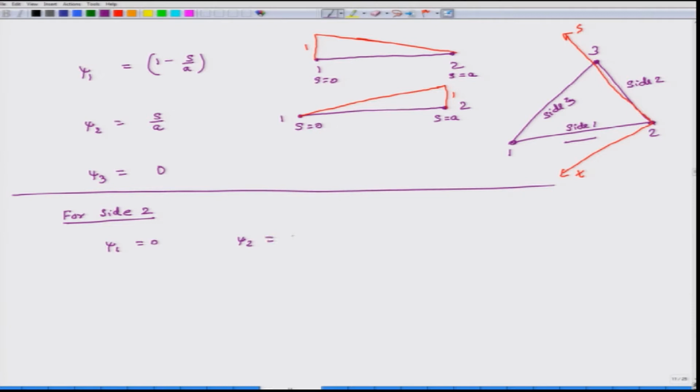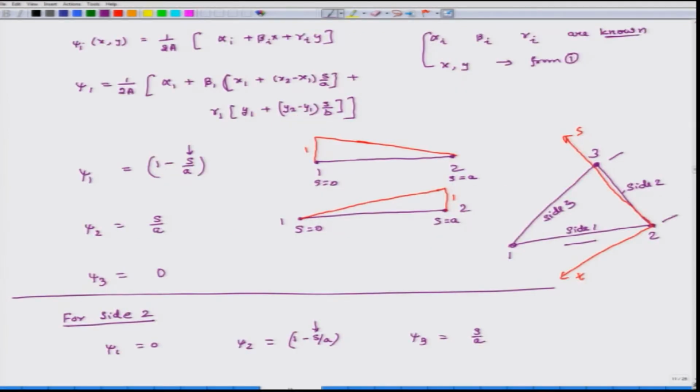Psi 2 will be 1 minus S by A, but this S will be different than the previous S, okay? And then psi 3 will be S by A, and here A is the length of side 2, 3. To be a little bit more accurate and precise, we will not use this term A and we will call it H12.